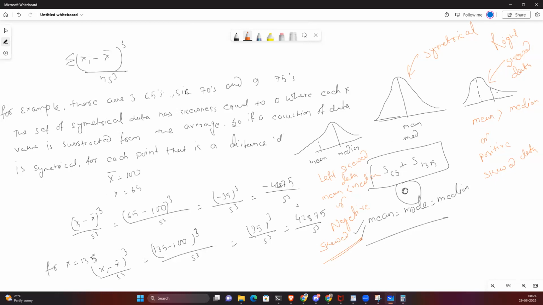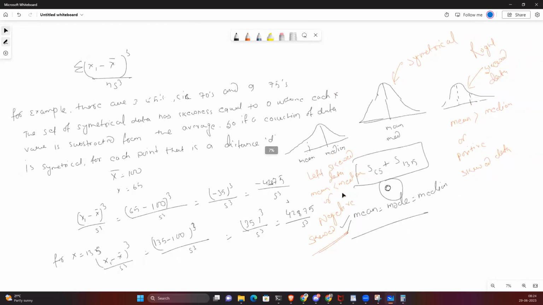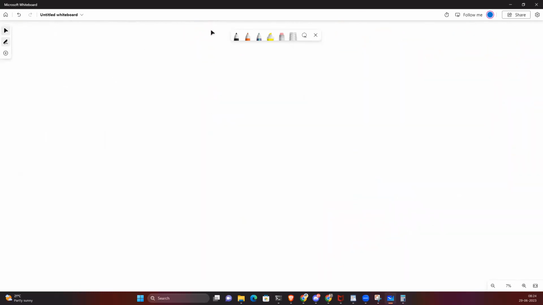Cool. Now let me do one thing. Let me draw a graph here. Another example I would like to take is the height of the men in a college.